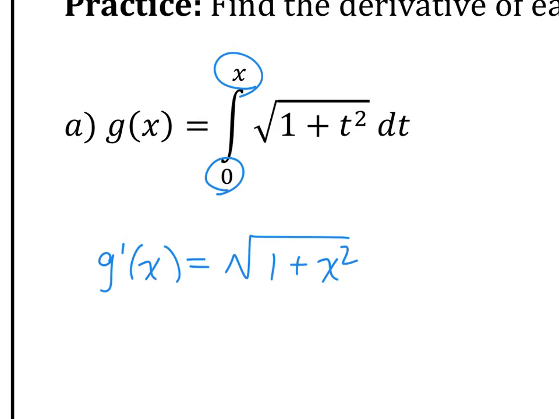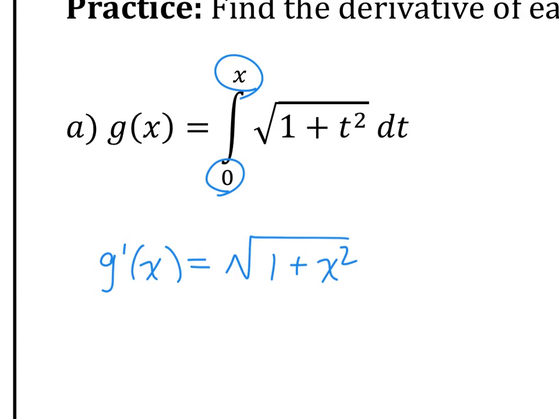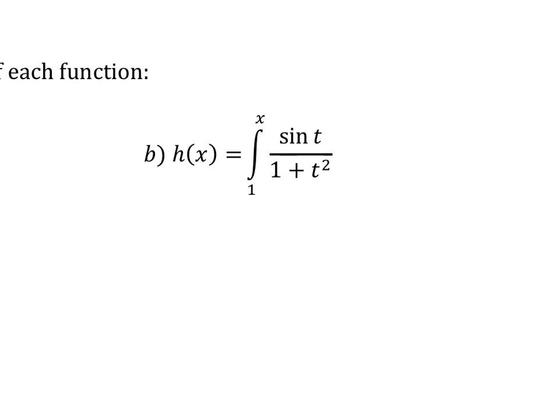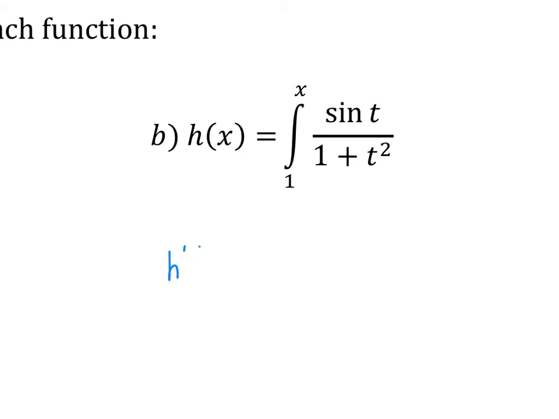If it's not, you have to do something else to find the answer. Next one, derivative of h of x: sin x over 1 plus x squared. So it's just a direct switch. This is FTC part 2. Just keep that in mind.